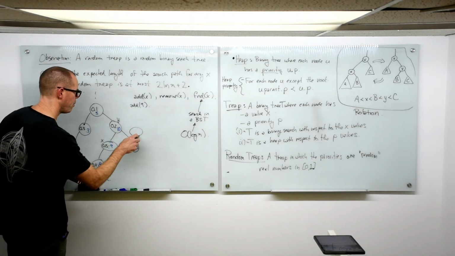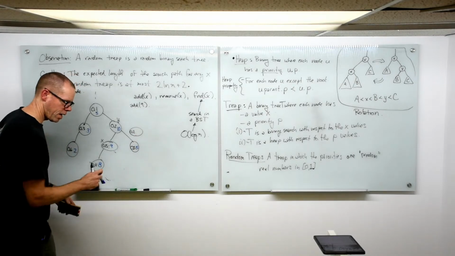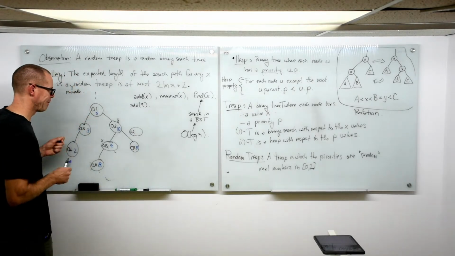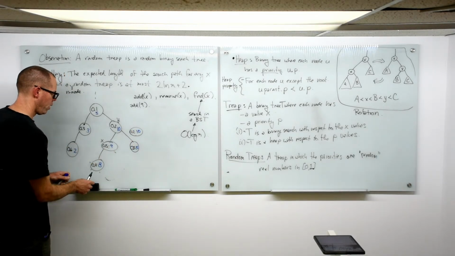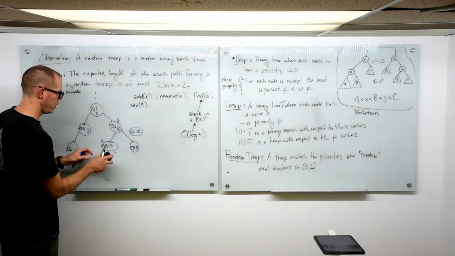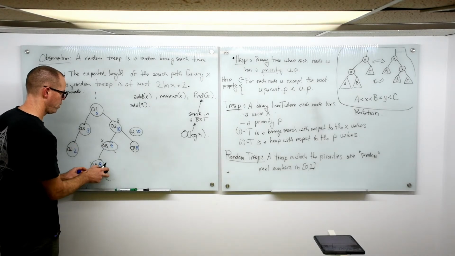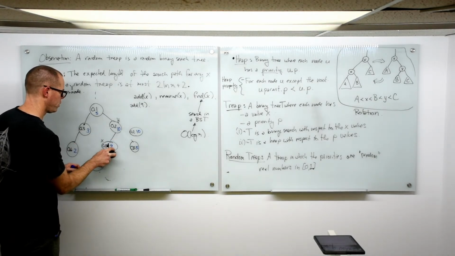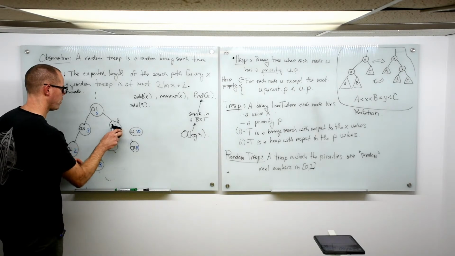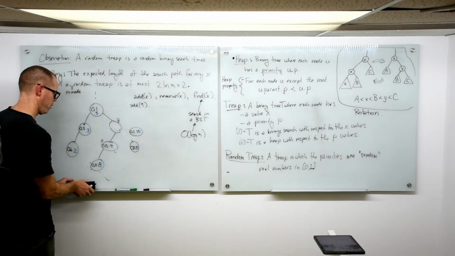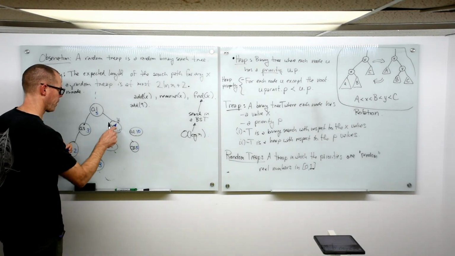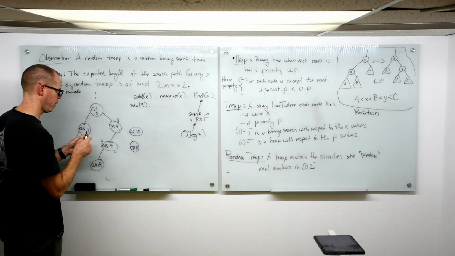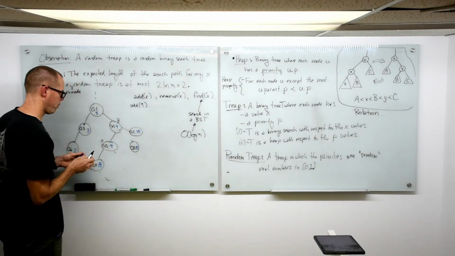So first let me copy out this one, 0.2 and 10. And this one, 0.15, 9, is going to go there. That one is its right child.